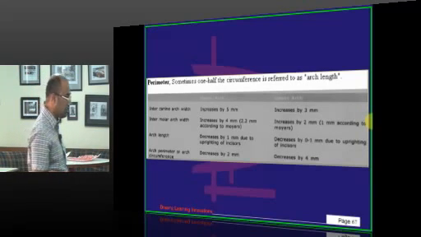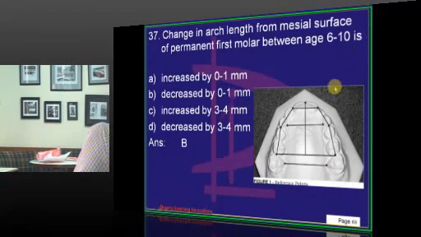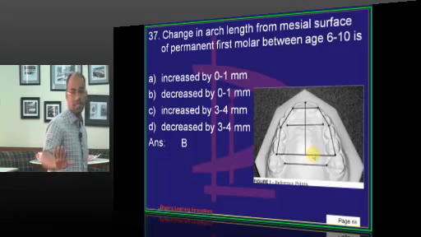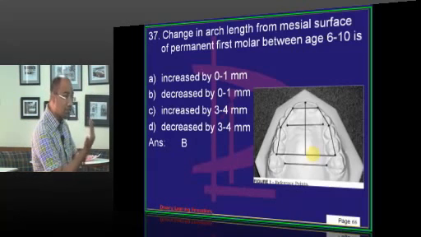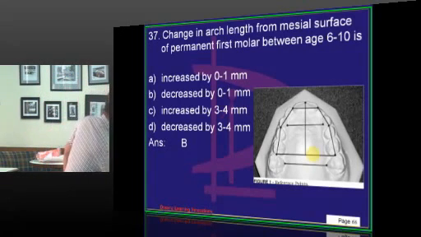Now, arch length would have been, ideally speaking, this is the arch length. Okay. That also decreases, because your incisors which are proclined will upright. But when you see your arch perimeter from here to here, that is arch perimeter, this entire thing, that also decreases.